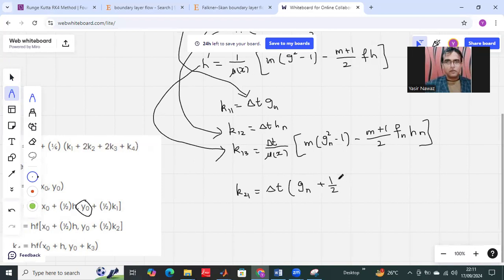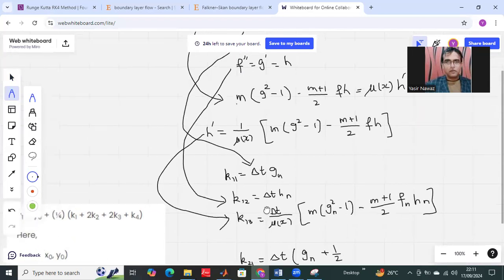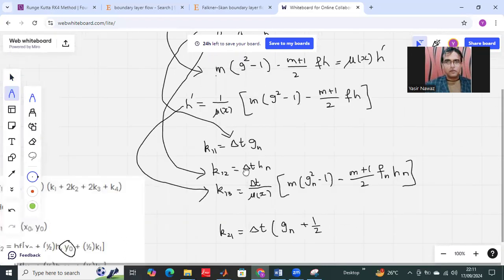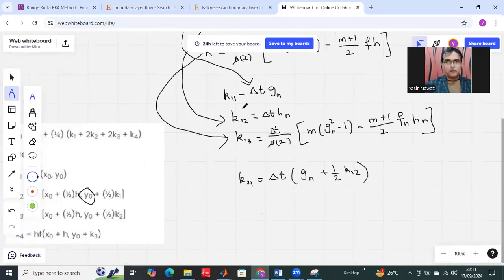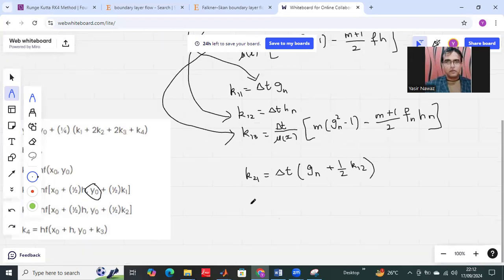The second equation, K22, would be delta T times Hn plus half K13.